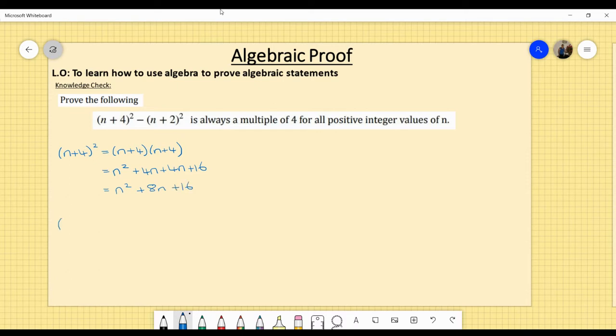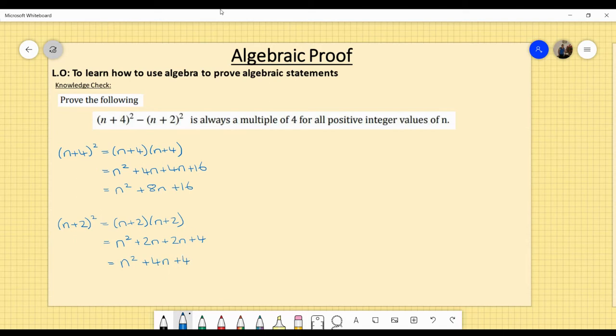And then the second bracket, n plus 2 squared, again write them out twice and expand them, so we end up with n squared plus 2n plus 2n plus 4, and simplify that, we get n squared plus 4n plus 4.